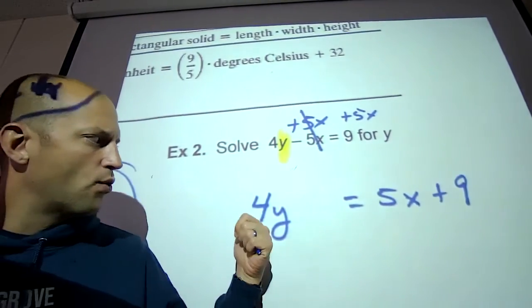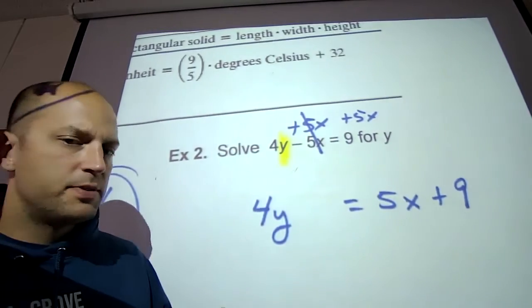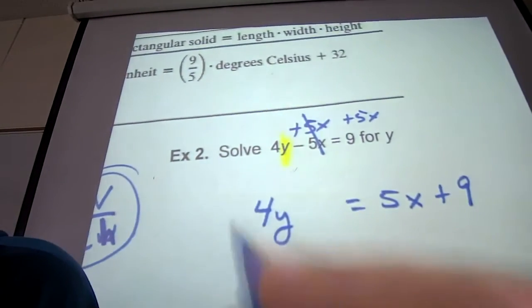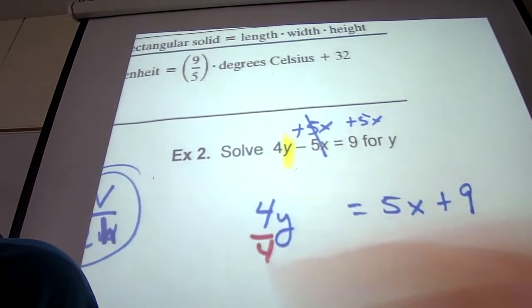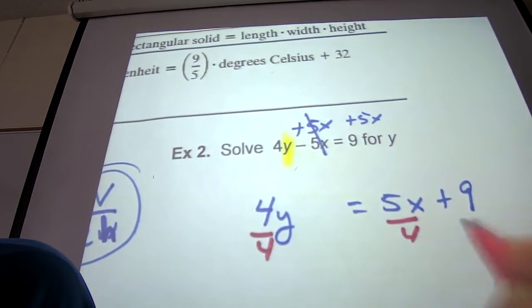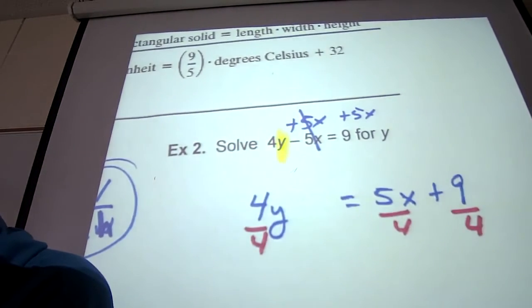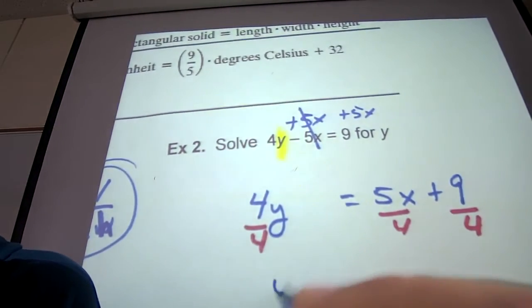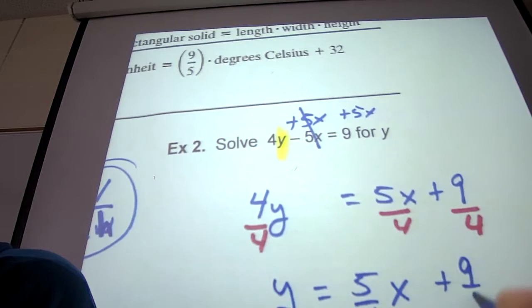No, this is like 4 times y, right? Yeah, so the opposite of times is division. So I'm going to go ahead and divide over 4. And I usually do it to everything. So if you do it to one term, I do it to all the terms. And then you would get y equals 5 fourths x and then plus 9 fourths.